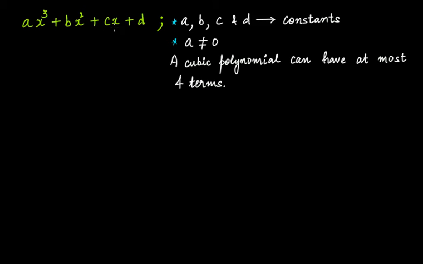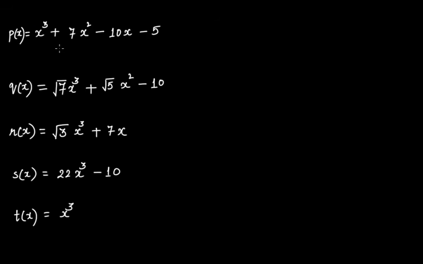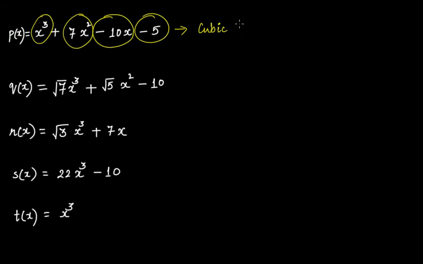If you look at these examples, you have p(x) equal to x cubed plus 7x squared minus 10x minus 5. In this polynomial, you have 4 terms: this is 1, this is 2, this is 3, and this is 4. It's a cubic polynomial because the degree is 3.